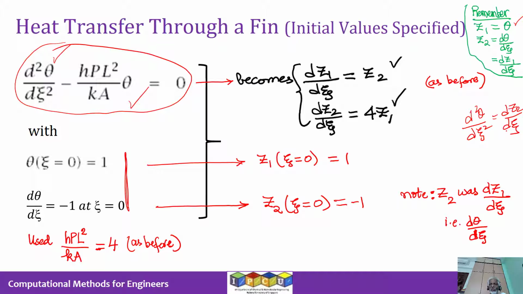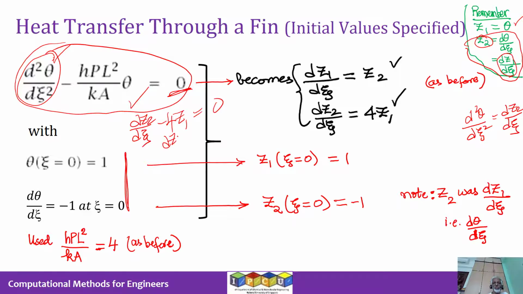All right. From the definition, as we looked at when we discussed the boundary value problem, we can write dz1 by d psi is equal to z2. That gives our first ODE. The second ODE is going to come not from the definition, but from the governing equation. So I can replace d2 theta by d psi squared with dz2 by d psi minus HPL squared by Ka, that is 4, times theta, and theta is nothing but Z1, equals 0.